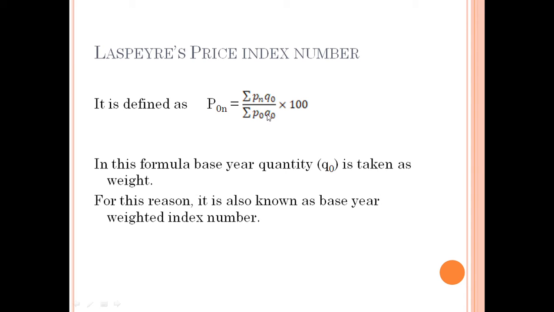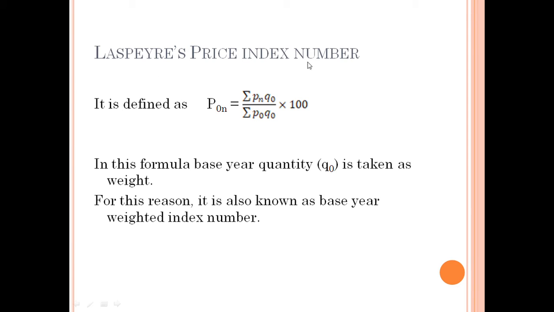If you see here, leaving the weights, this first pattern is showing the price relatives, and when with price relatives you write the quantities and take the weights, this becomes a weighted price index number.